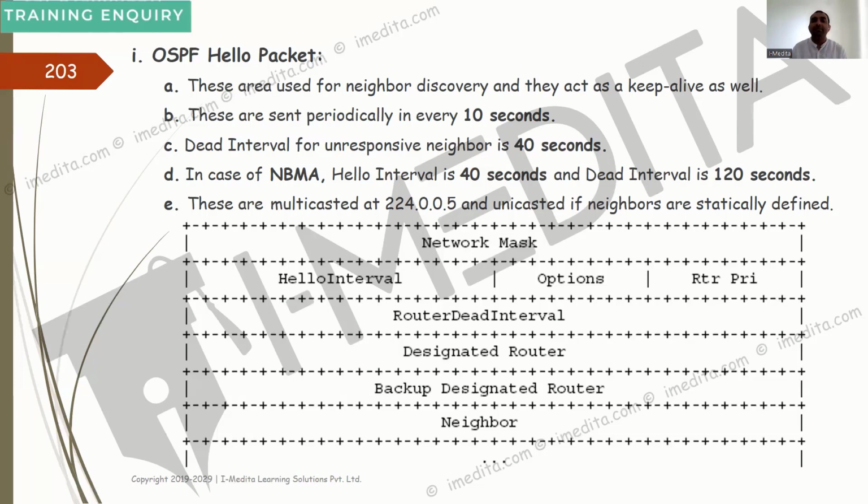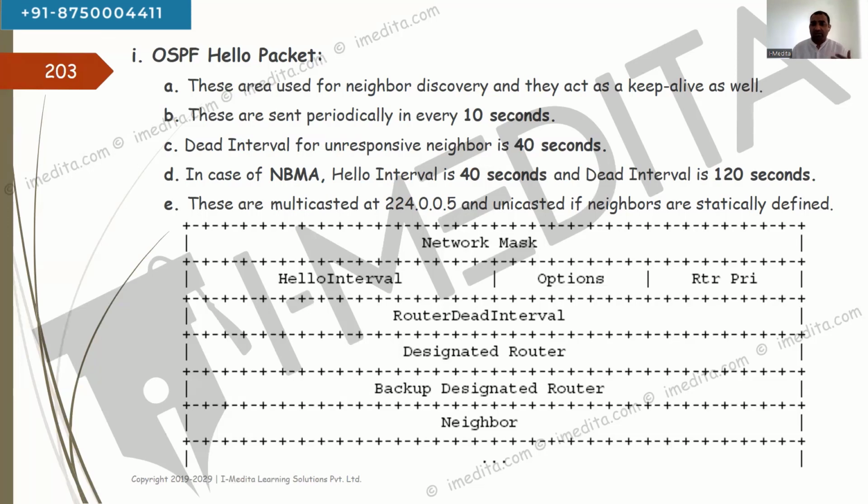Then the hello interval is there. By default, it would be 10 seconds. However, in some cases, it can be 40 seconds as well. Options are there, different options that can be leveraged by OSPF for different reasons. And router priority is there.